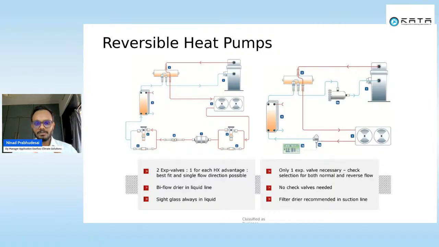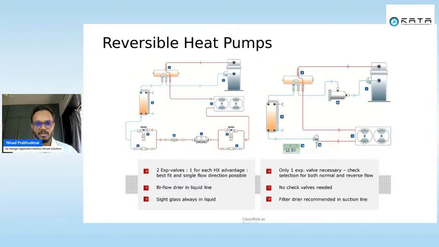So in this case, let's say during the period of one year, the ambient is fluctuating from, let's say, 30 degrees to 0 degrees, or -5 degrees, then in that case you need both. In the summers you need the cooling, and in the winters you need the heating. So in that case, the same heat pump can be used in a reverse way.